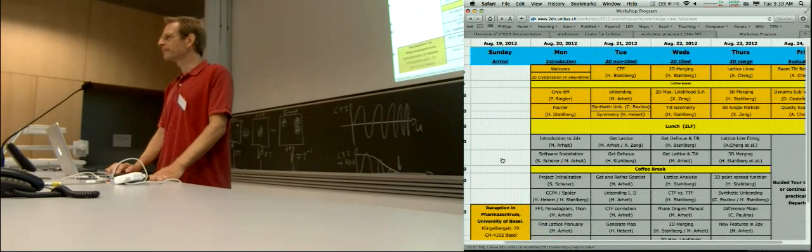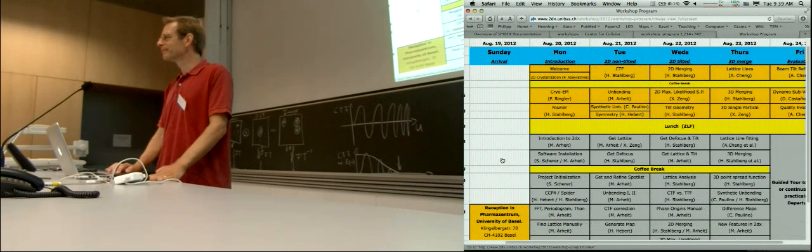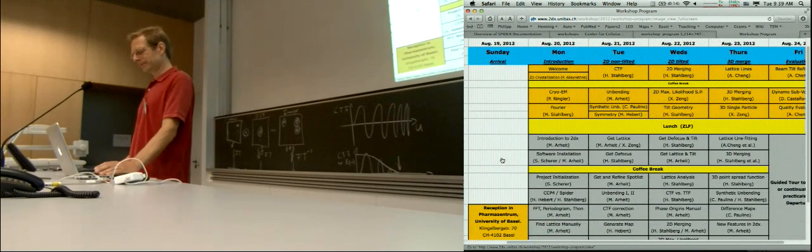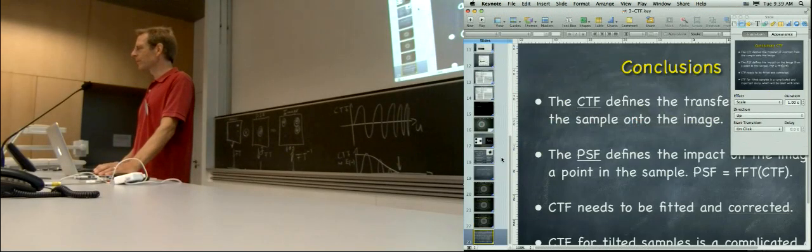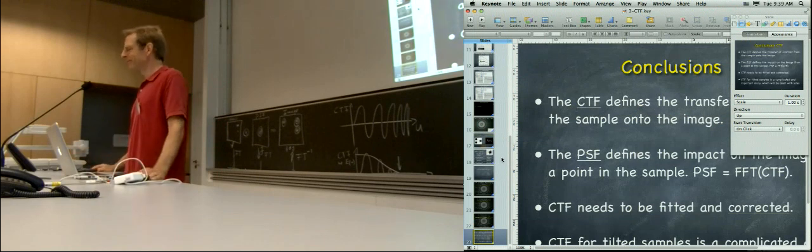You said the point spread function is the Fourier transform of the CTF, maybe it's the inverse Fourier transform of the CTF. Right.